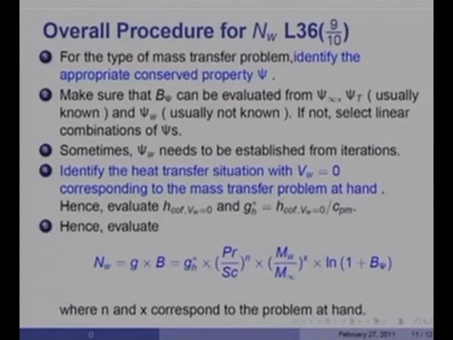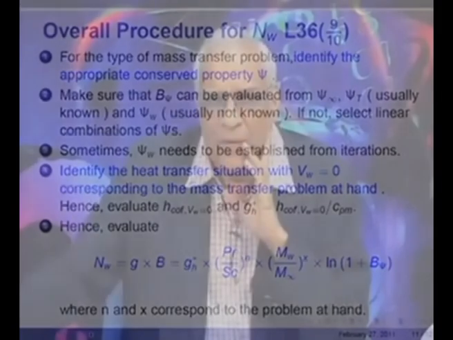It will require no solution of any differential equation. The only thing is that psi must be carefully chosen, so that B psi can be calculated, and then an appropriate correlation must be chosen with appropriate values of n and x, again depending on whether it is a laminar or turbulent boundary layer.